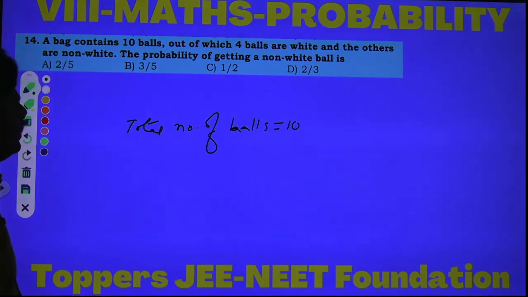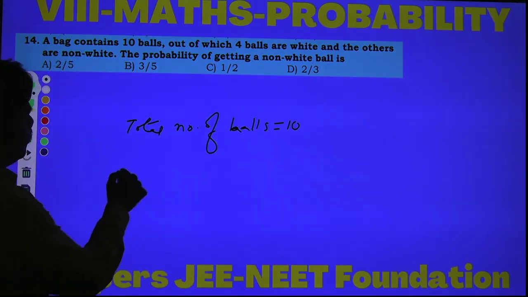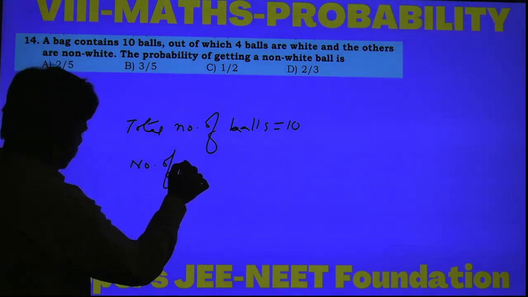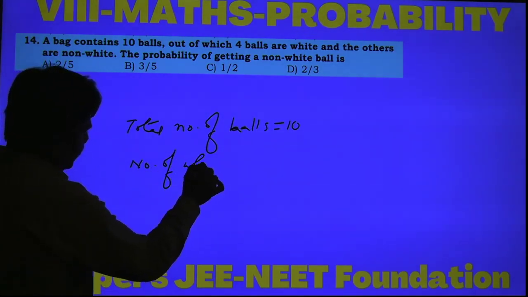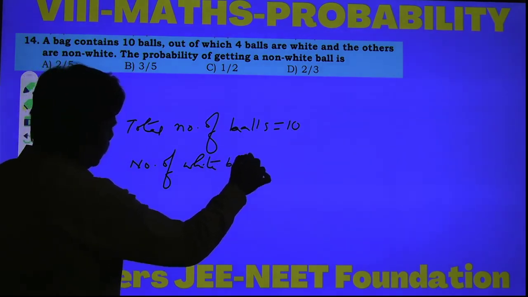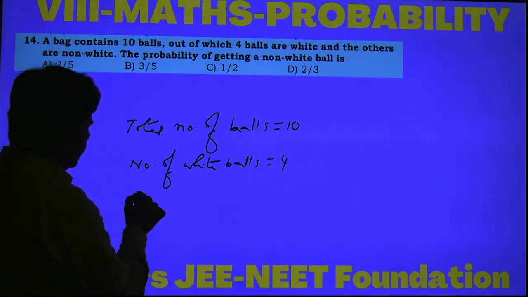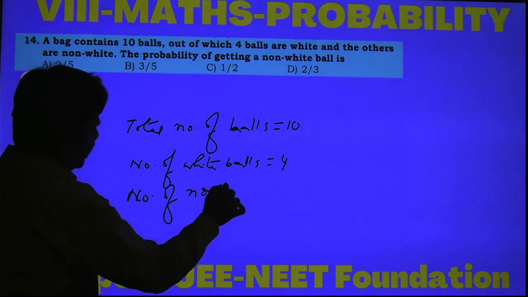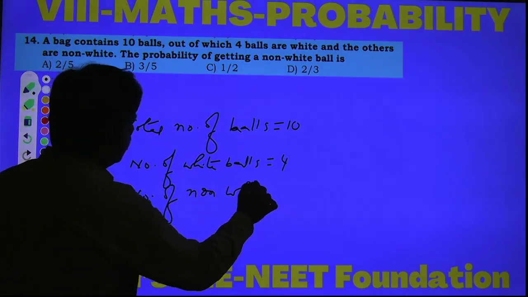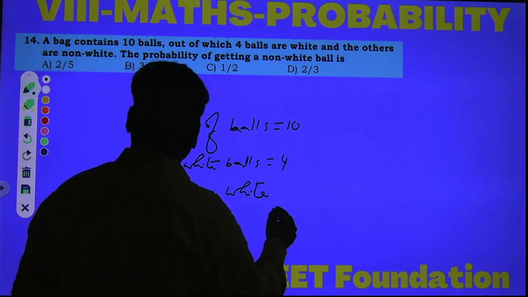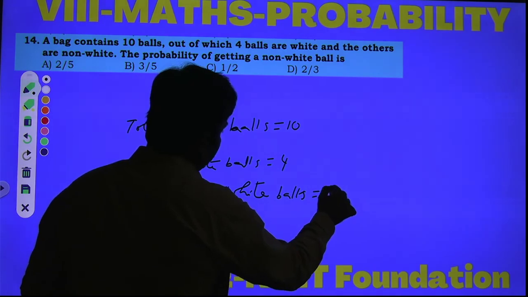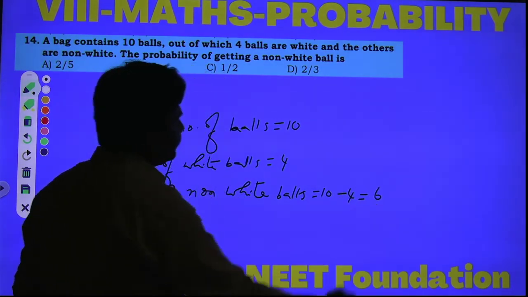Out of 10, number of balls in color white is equal to 4. Then number of non-white balls is equal to 10 minus 4 is equal to 6.